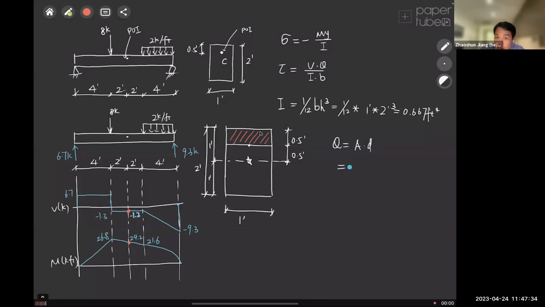A is the area of the shaded area, that's easy, that's 1 times 0.5. And the d is the distance between the centroid of the shaded area, which is in the middle of the shaded area, to the overall centroid of the cross section, right? And that is our d.